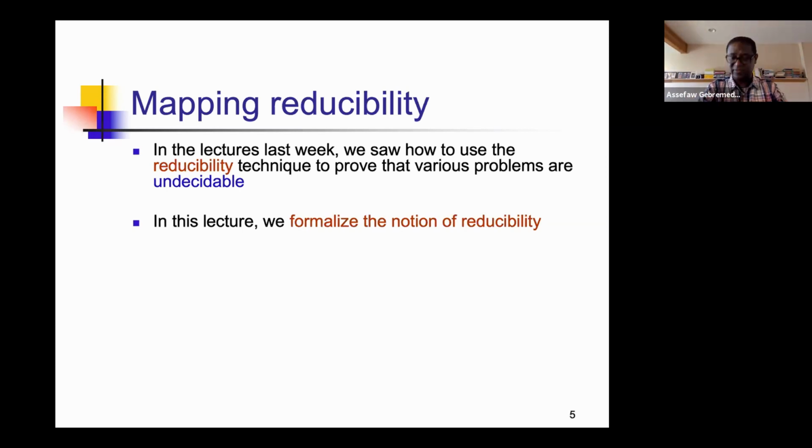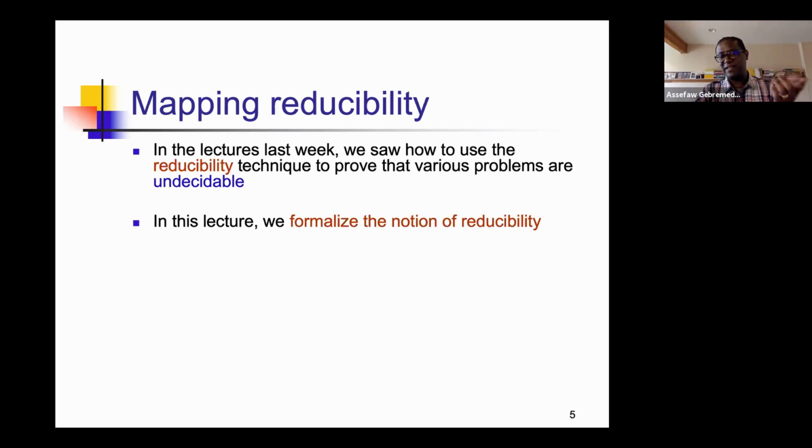We showed that the hard way by using diagonalization, and then we said we can reduce from that problem to a problem we look for, and if we can do that, and we have a Turing machine that did it, we call that method reducibility, and therefore we show this second problem is also undecidable.